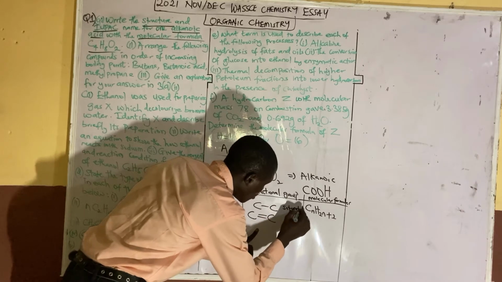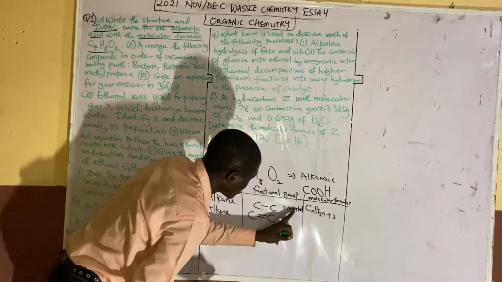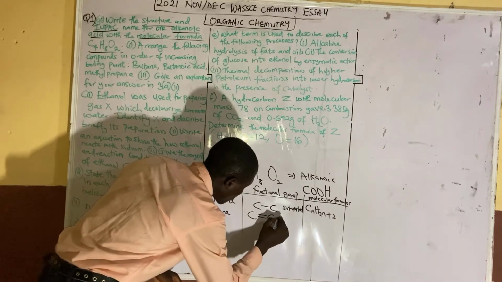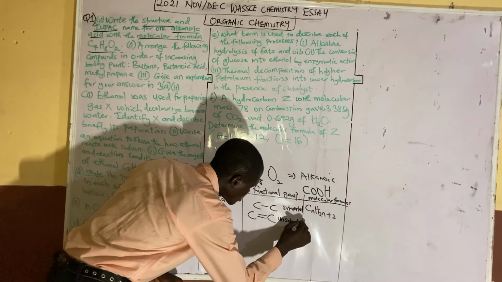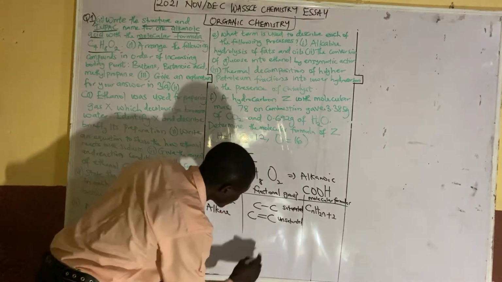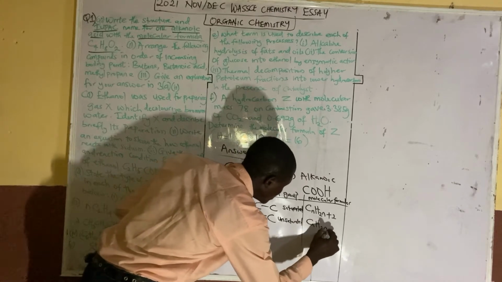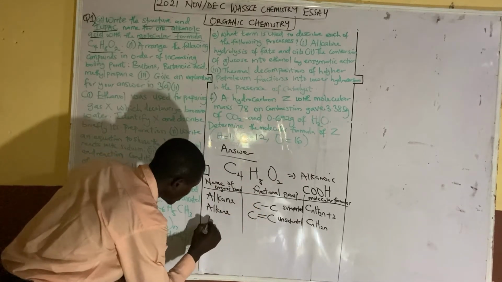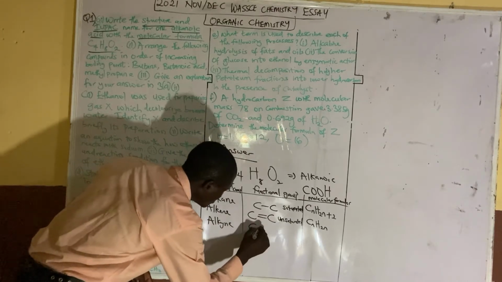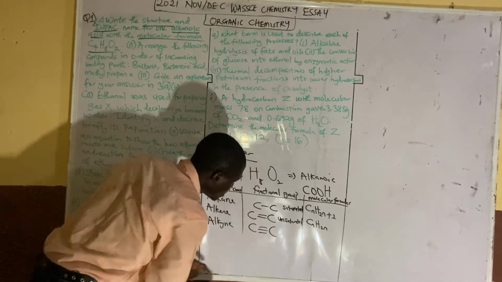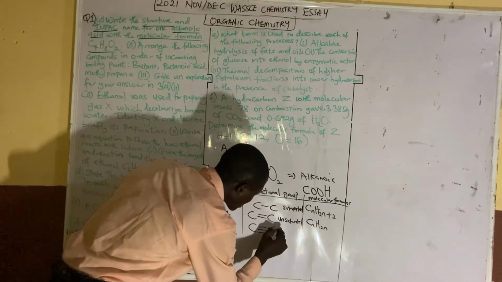For alkene the general formula is CnH2n. Then we have alkyne, which has a triple bond, C triple bond C, also unsaturated.